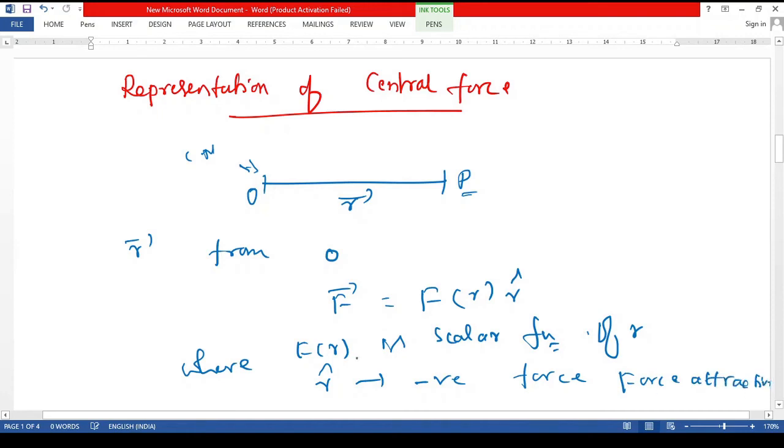If it is positive, then the force is acting away from the center, that means the force is repulsive.